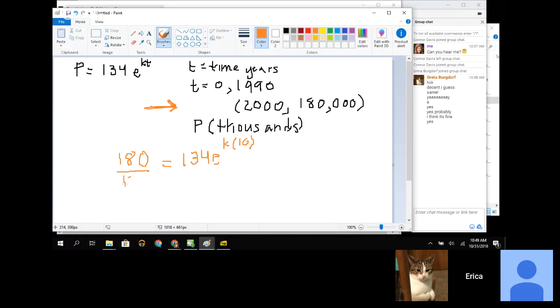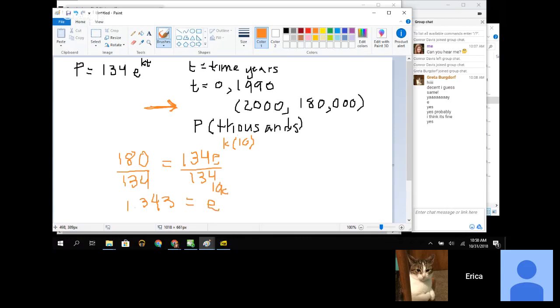We're going to divide both sides by 134. 180 divided by 134 is 1.343, and I might even leave that as a fraction, equals e to the 10k power.